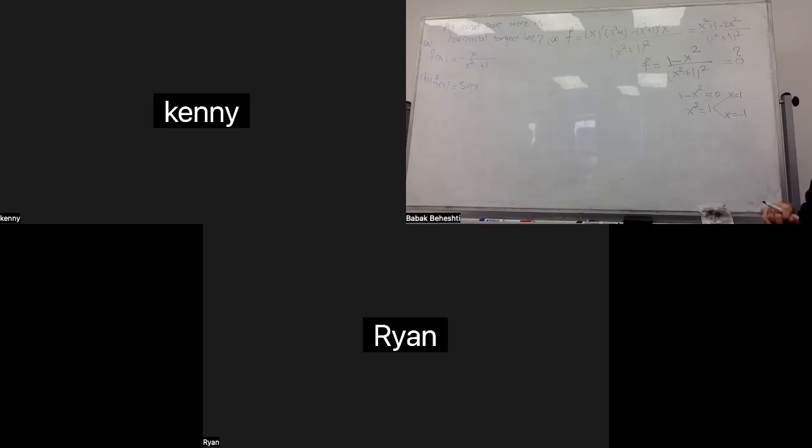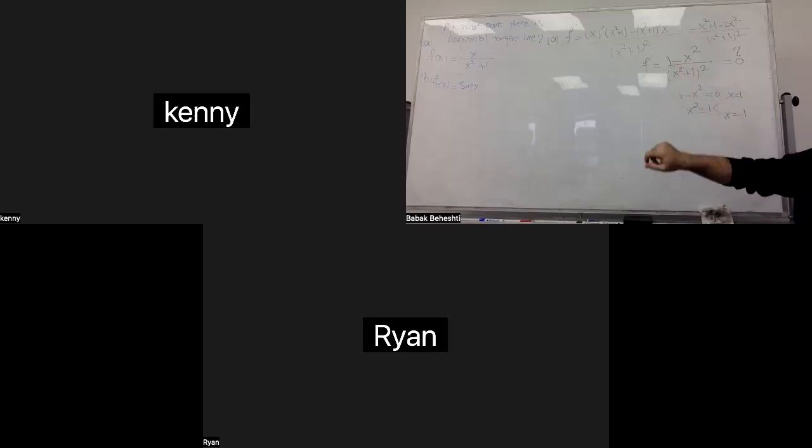I have a question. Could x also be 0? What do you mean? X can be any number. Oh, you know that f prime equals 1 minus x squared over x squared plus 1 squared? If x is 0, f prime is just 1 over 1.